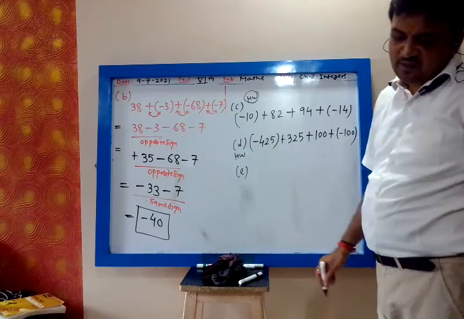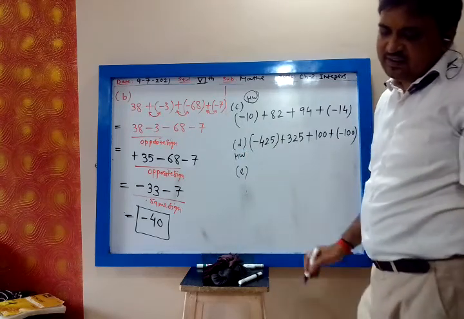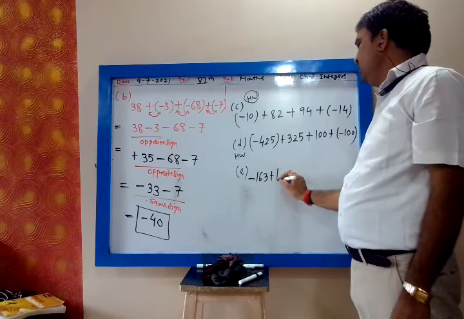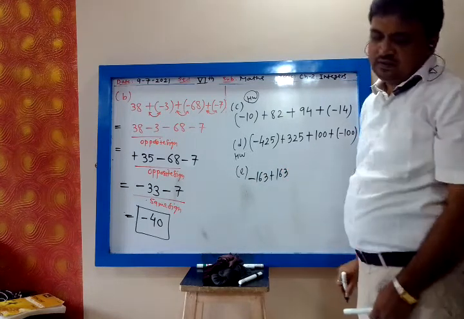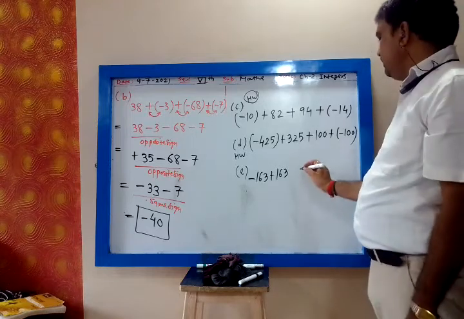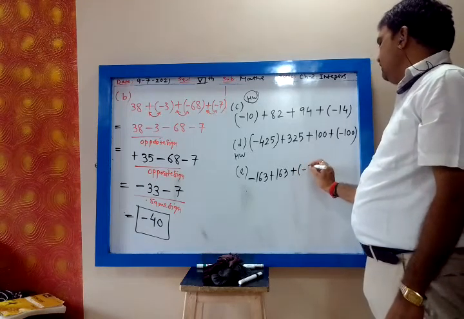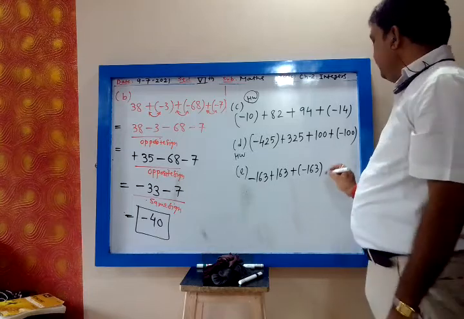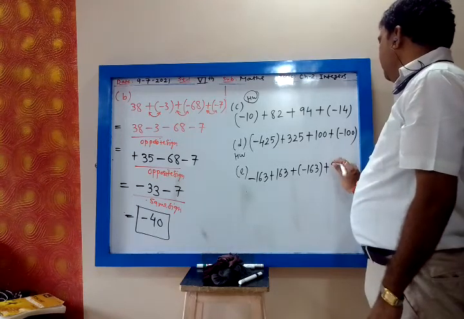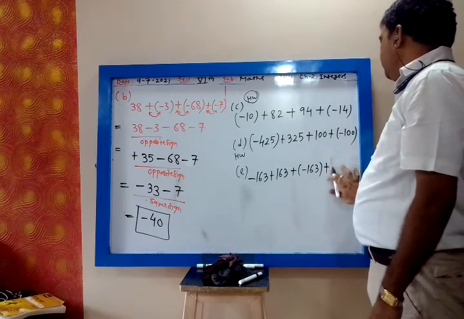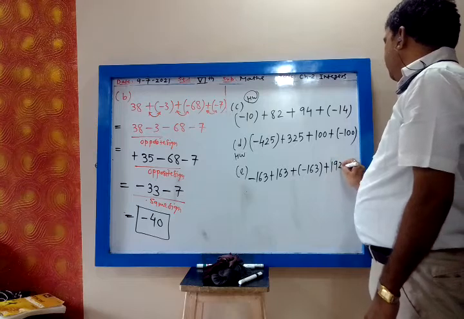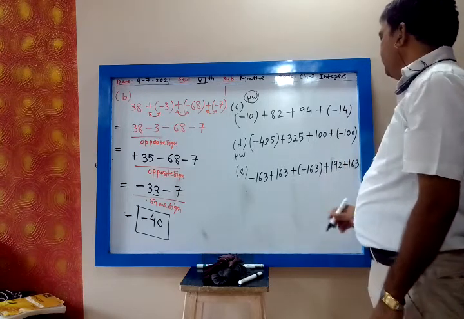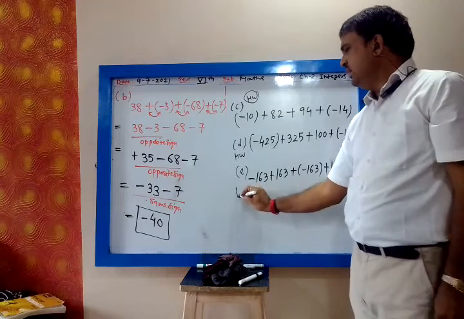Now E: minus 163 plus 192 plus 163. So these are all homework.